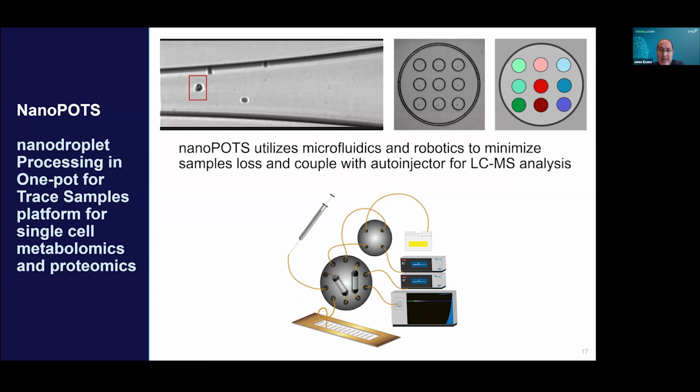In this case, they're working with Neurospora, and they're using a cellenONE robot in order to isolate individual cells, deposit them into micro wells, and each one of those micro wells are isobarically labeled in order to be able to track them. And then they do this processing within these wells and then load through an auto-injector these very small nanoliter volumes for LC-MS analysis.